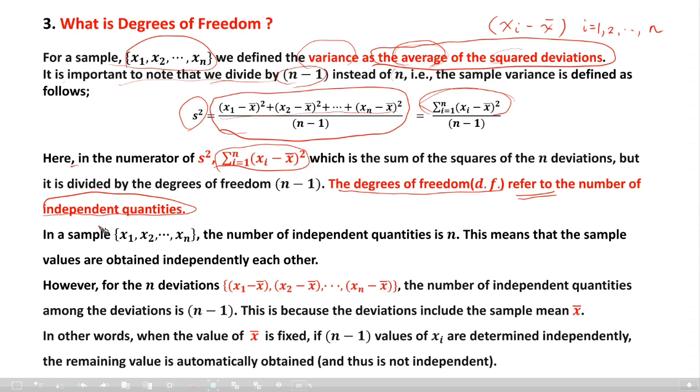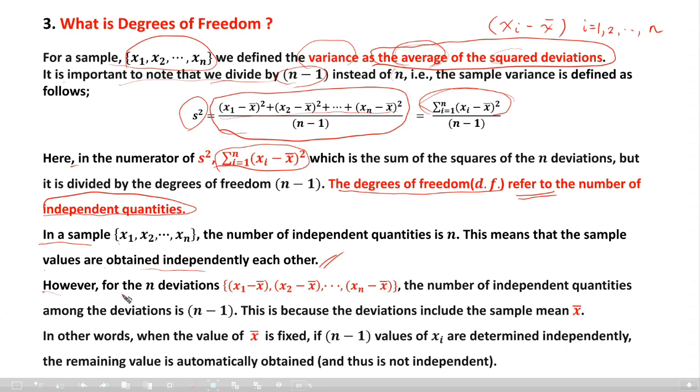If you do not understand what the degrees of freedom is, let's say in a sample x1, x2, ..., xn, the number of independent quantities is n. The sample values are obtained independently of each other. Otherwise, there is no statistics. This is a basic concept. We will see it later too.